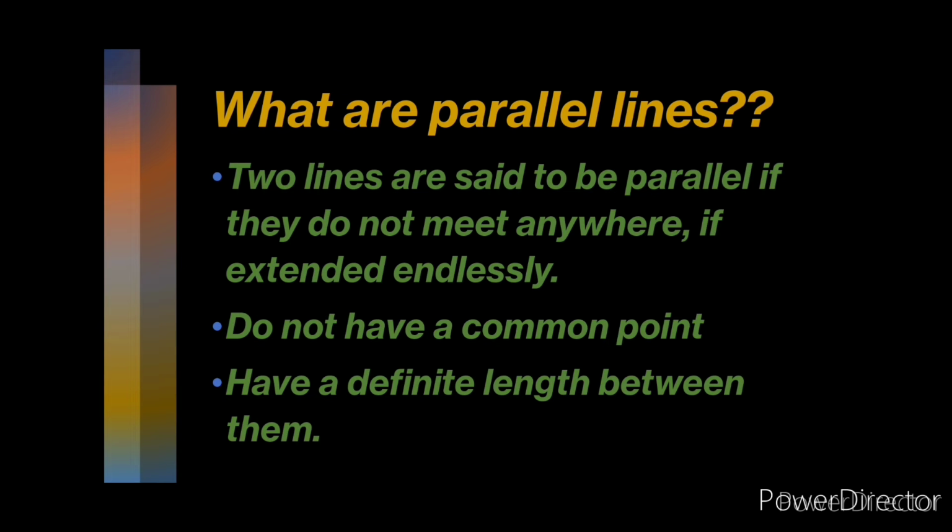If they do not have a definite distance between them, meaning they are intersecting each other, so it will not be a parallel line. So let's be clear through the diagram.